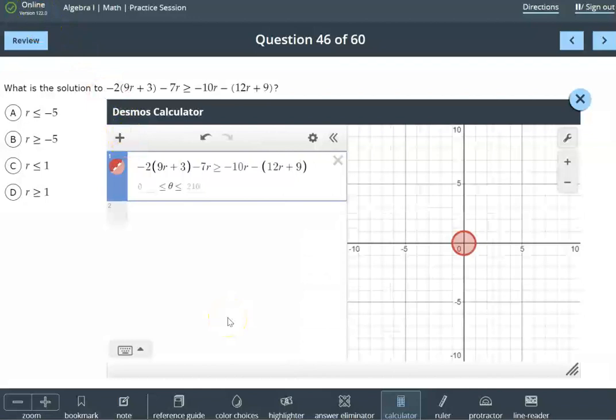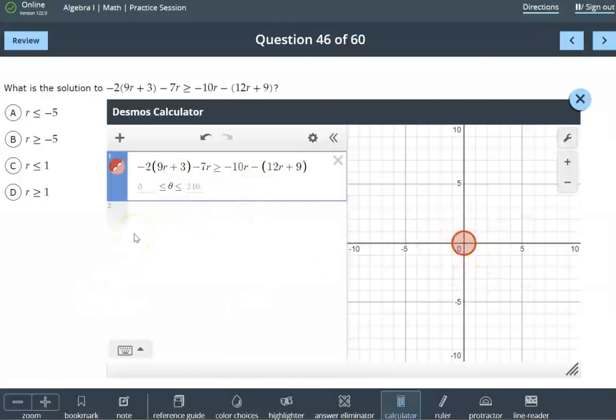What you will soon see is that when you type an R into an equation, expression, inequality, whatever, Desmos thinks you're doing polar coordinates, polar graphing. And so it's using a radius and it's giving you a circle.